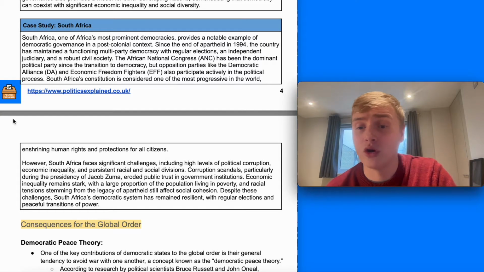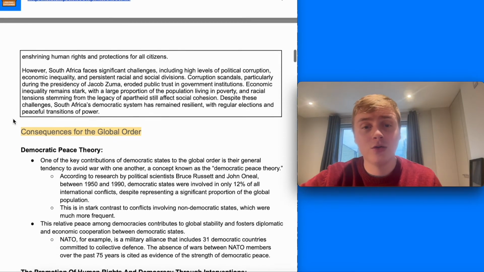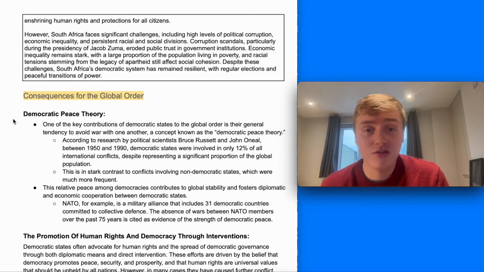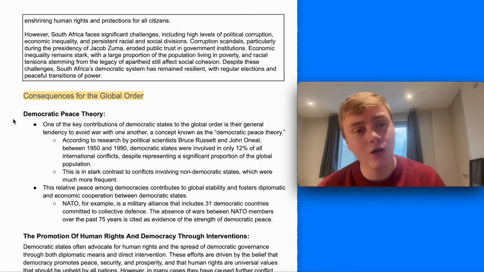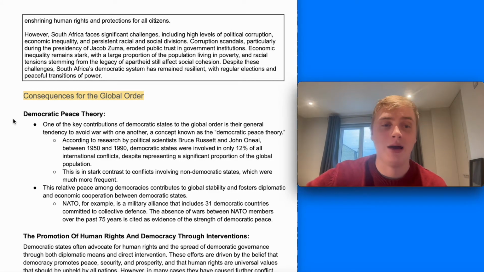Its constitution is considered one of the most progressive in the world, enshrining human rights and protections for all citizens. South Africa does face challenges, though, including high levels of political corruption, economic inequality, and persistent divisions, which do challenge it as a democracy, but it still kind of has remained resilient as a system with regular elections and peaceful transitions of power.